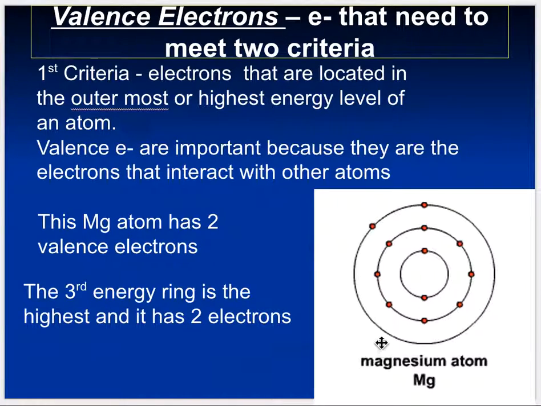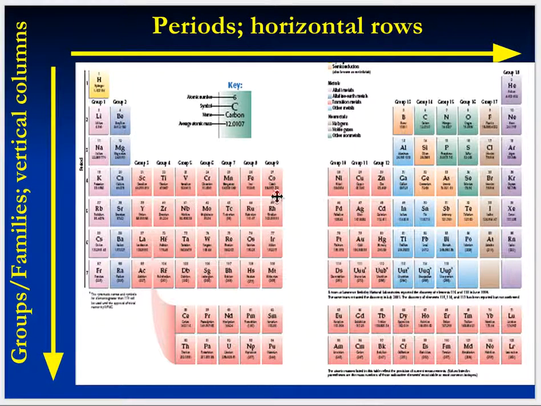Okay? When you're looking at this magnesium atom, you can see 2 in the first shell, 1, 2, 3, 4, 5, 6, 7, 8 in the second shell, so that's filled, and 2 left over. The reason why it adds up to 12 is because if you look at magnesium on a periodic table, it is right here, and it's 12.